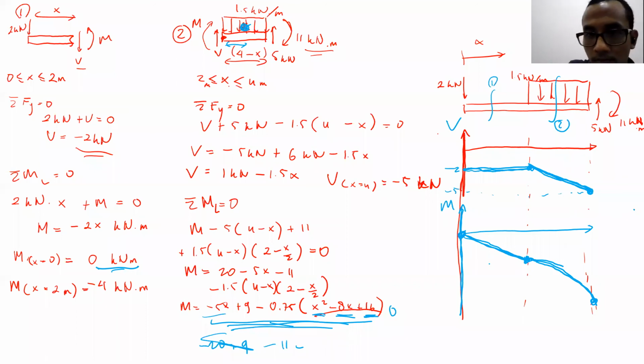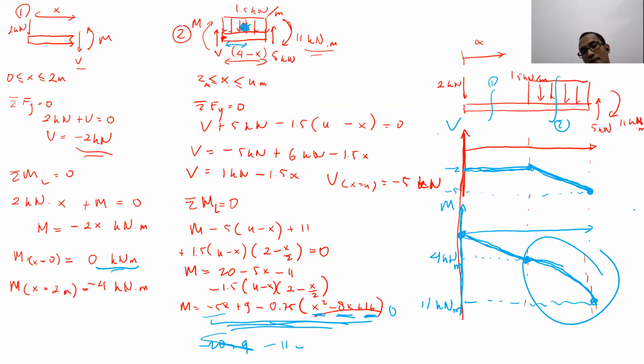This value is 4 kilonewton meters, and this one is supposed to be 11. But remember, this equation is supposed to be quadratic, so it's slightly curving like that. Okay, I think that's all.